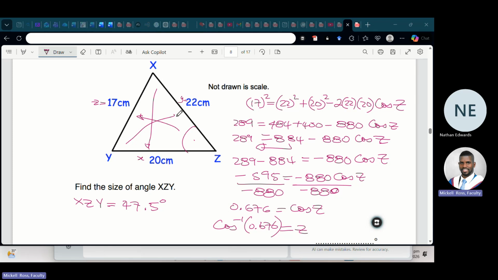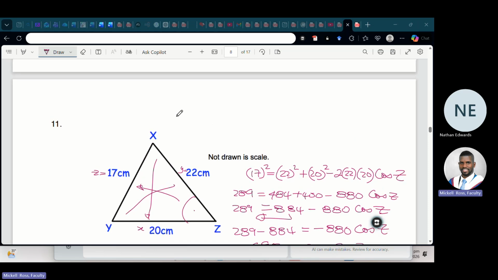All right, let's look at Heron's formula to see how it works when we are using it to calculate area. So once you have all three sides, which is A, B, and C, which is in this case X, Y, and Z, the semi-perimeter is going to be adding all the lengths and dividing by 2.